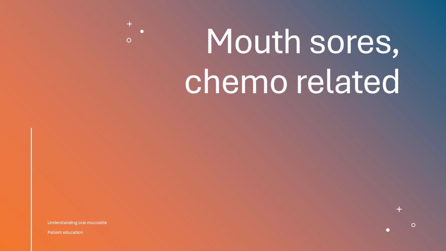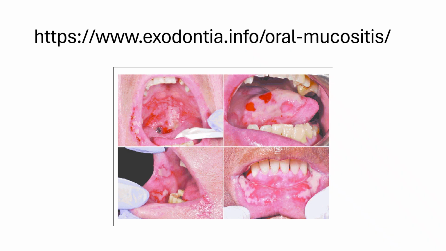So let's dive in and talk about mouth sores, which will be our first side effect that we'll talk about in the next few weeks. This first picture here shows some mucositis or mouth sores.